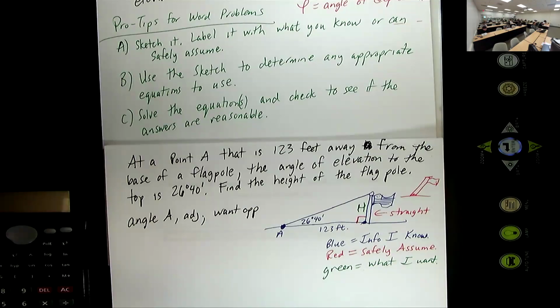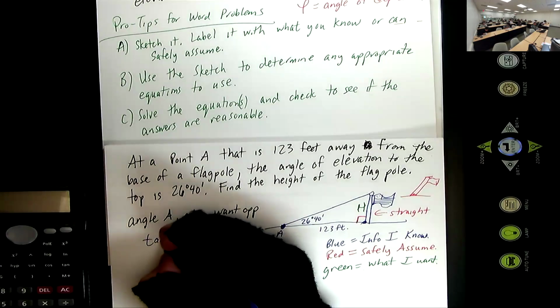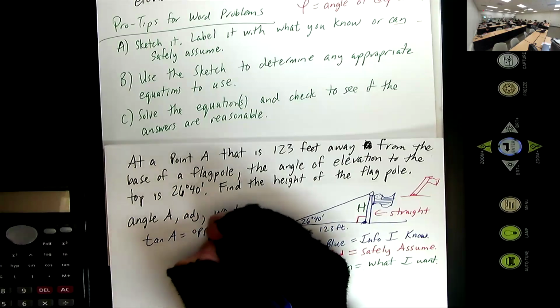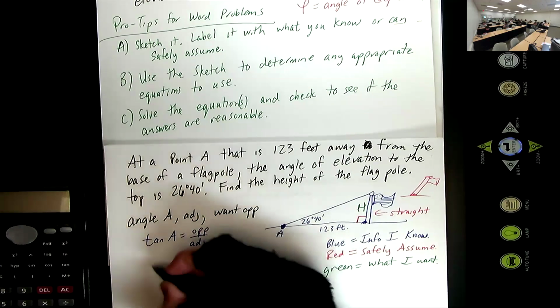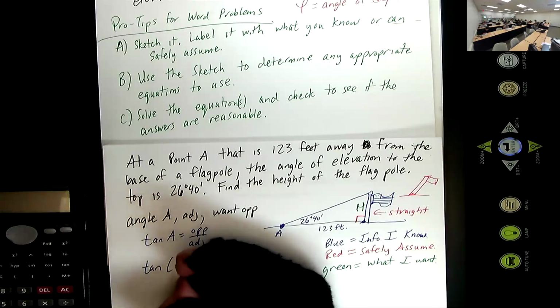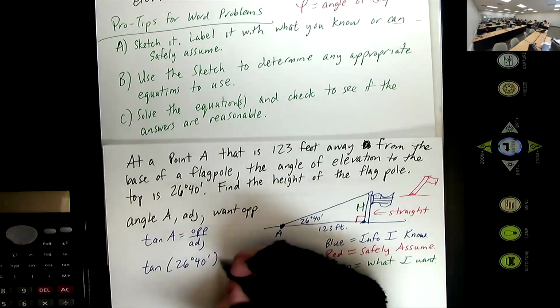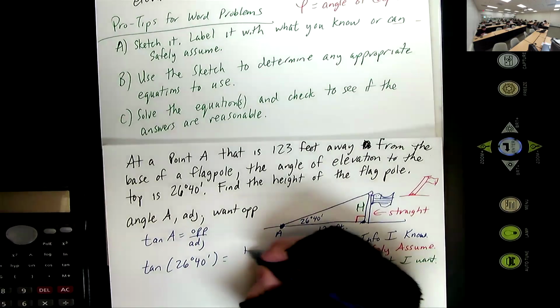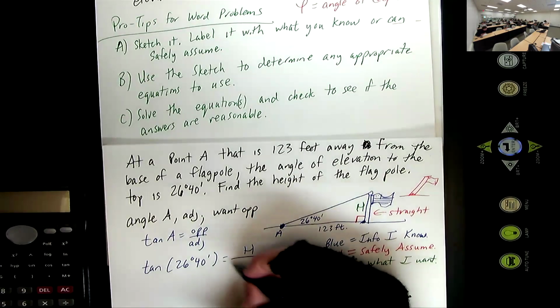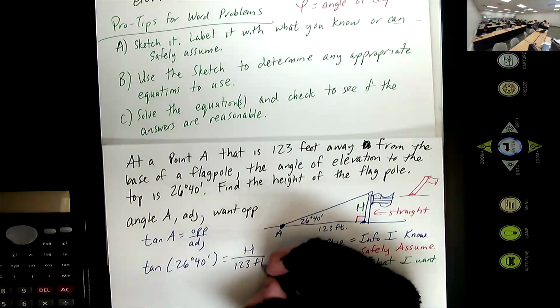What trig function or equation has angle A, opposite and adjacent? Yeah, tangent. So I'm going to write tangent A equals opposite over adjacent. And then fill in what I know. 26 degrees, 40 minutes equals H, which is what I'm looking for, over 123 feet.